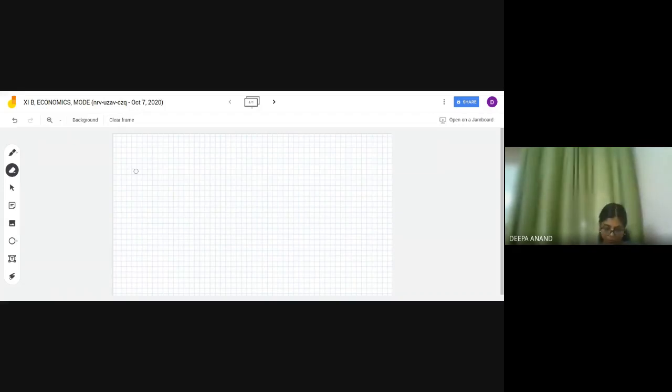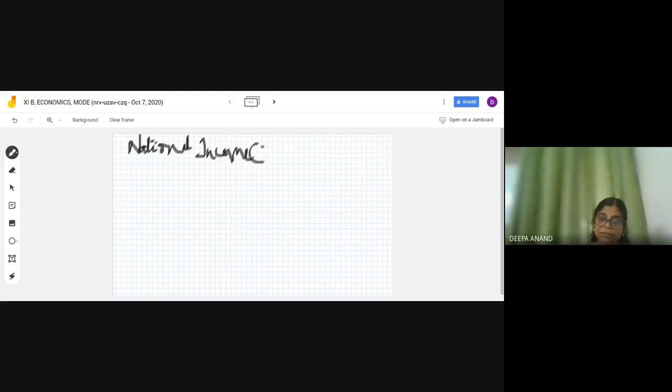Okay, so value added method, you write: national income is equal to... what you will put in bracket?